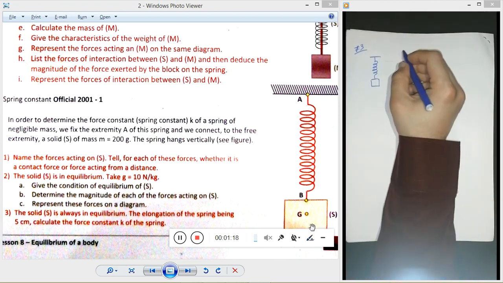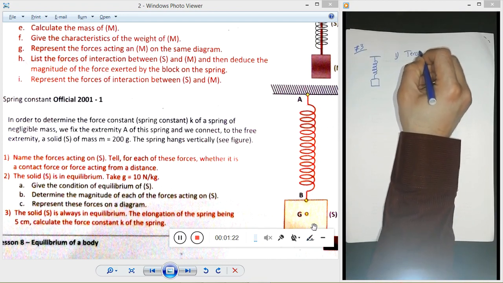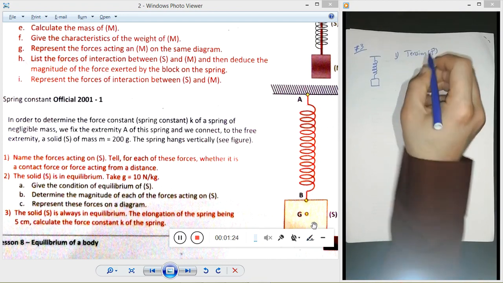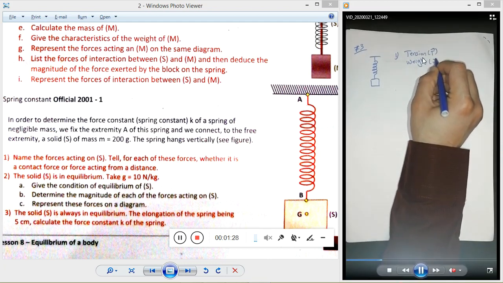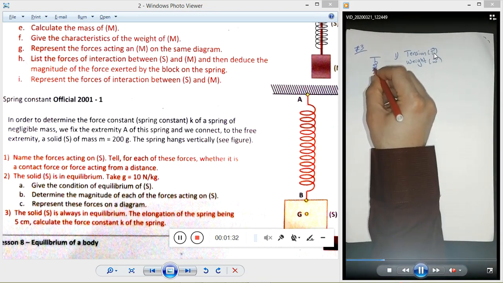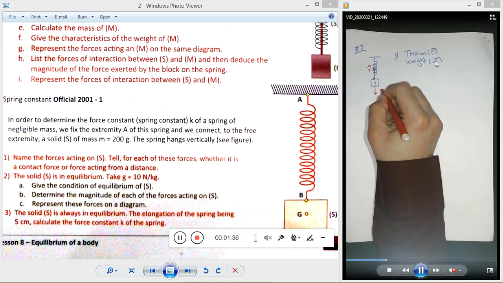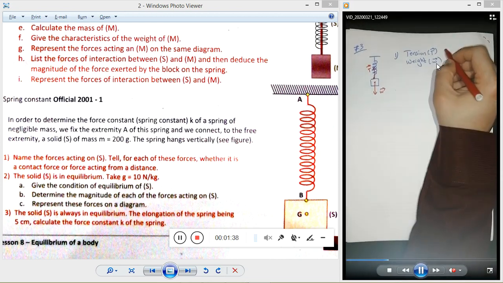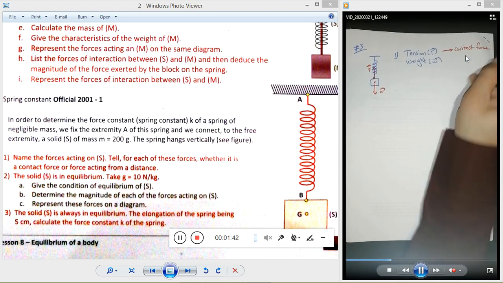The weight starts from G, which is the center of gravity or center of mass of the block, while the tension starts from B. We write the vector representation for each force, T vector and W vector. The weight is a force acting from a distance, while tension is a contact force.